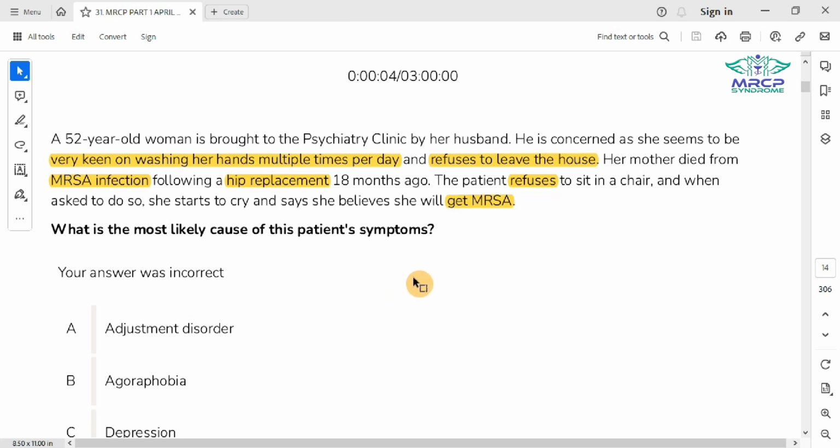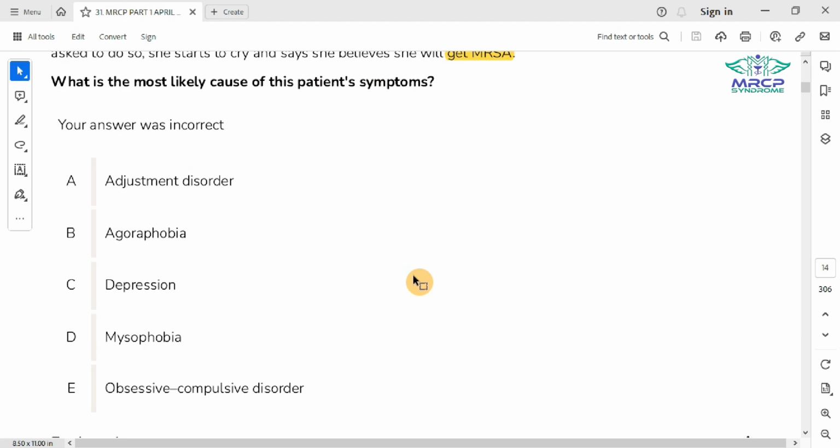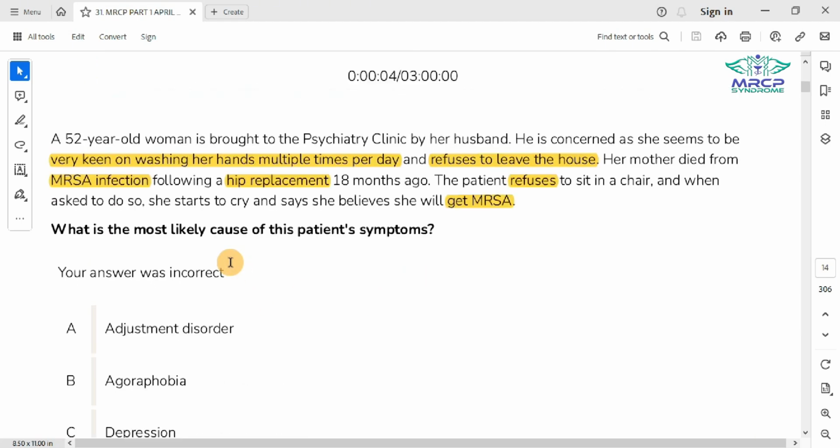So the most likely cause of this patient's symptoms, is it obsessive compulsive disorder or is this mysophobia? Mysophobia. Yes, the most likely cause is mysophobia. This is one of the specific phobias involving the excessive fear of specific germs or contamination.